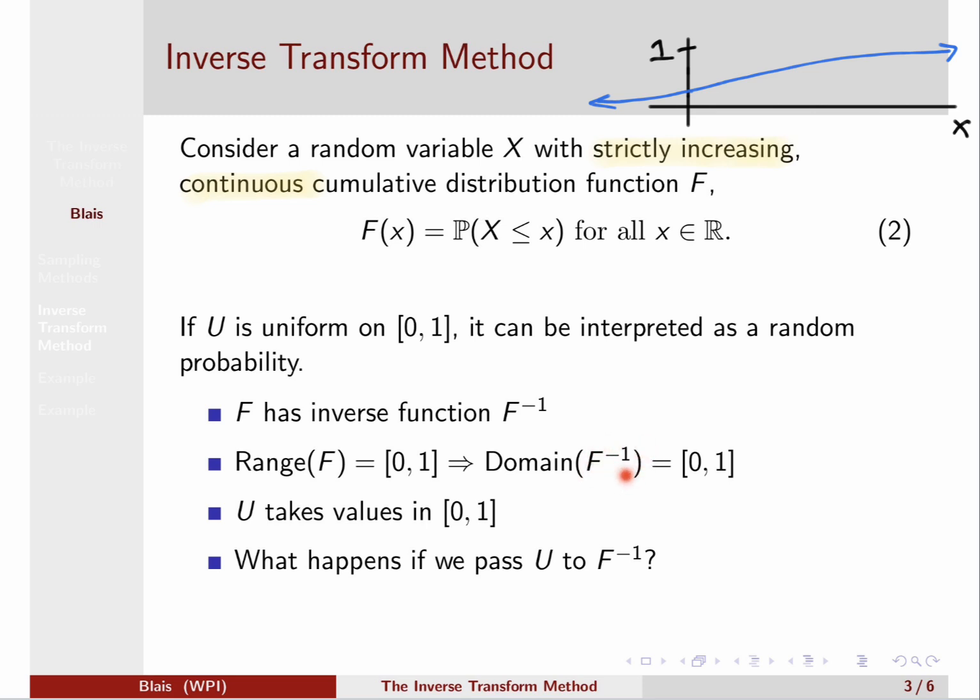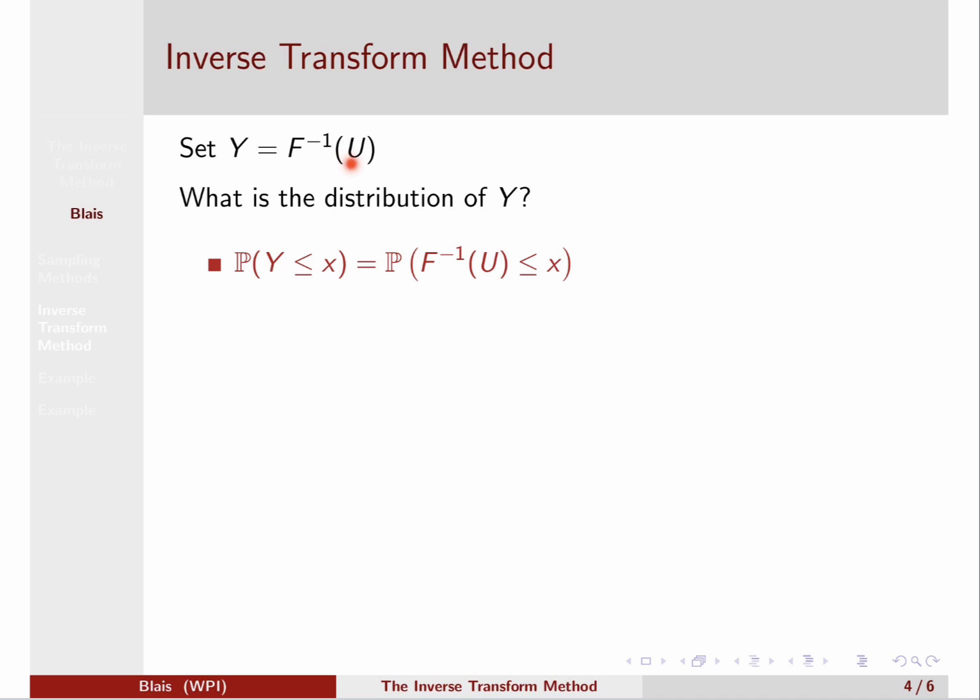So if F inverse has domain 0, 1, well, U, our random probability, comes from there. So what happens if we pass this U, this random probability, to the inverse function of F? Let's try it and see what happens. We pass U to F inverse and just call it Y.